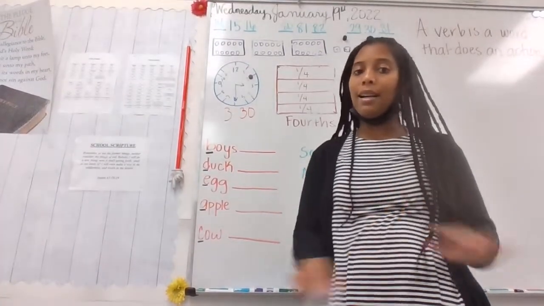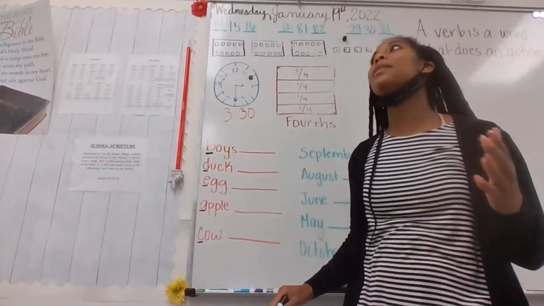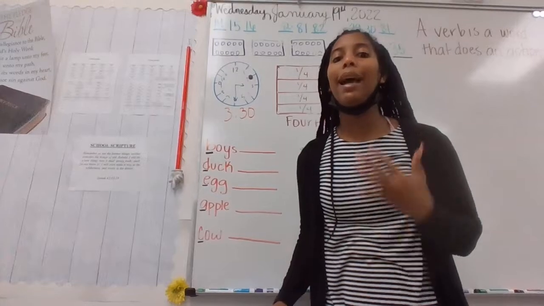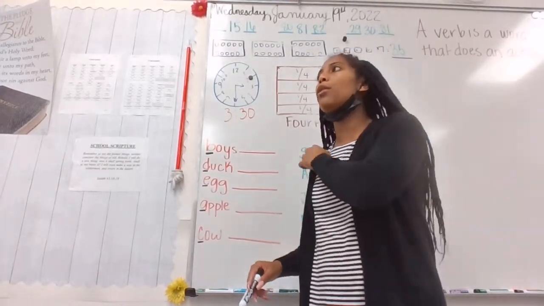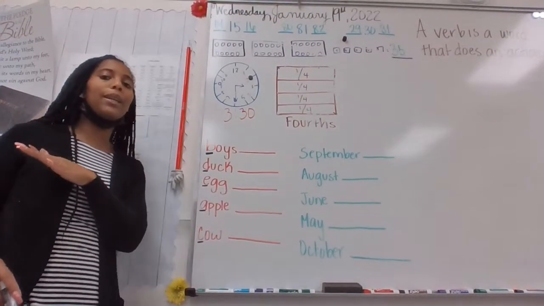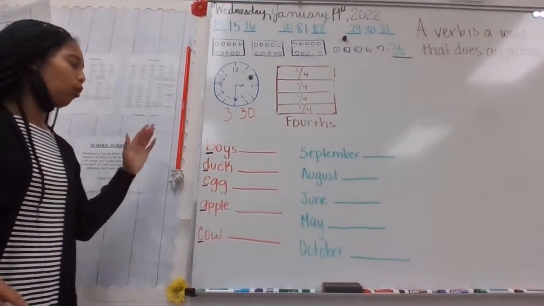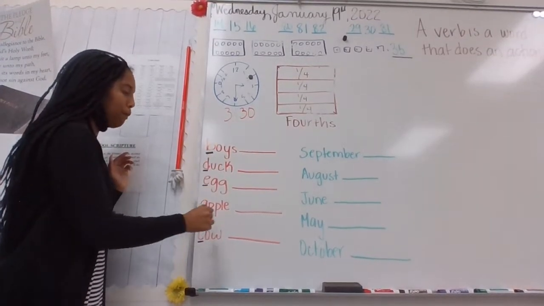So when you are putting something in ABC order, you only look at the first letter. All the other letters don't matter. The only time you'll go to a second letter is if a word starts with the same first letter, which we'll get to eventually. But for right now, we're only focusing on the first letter.